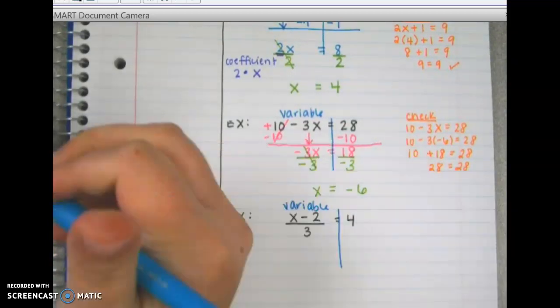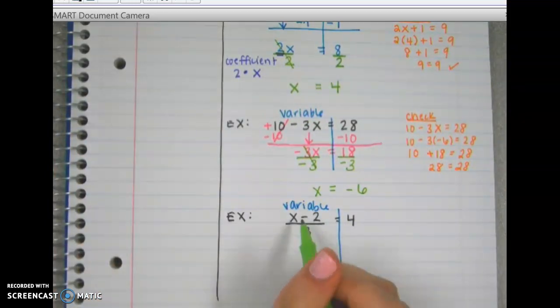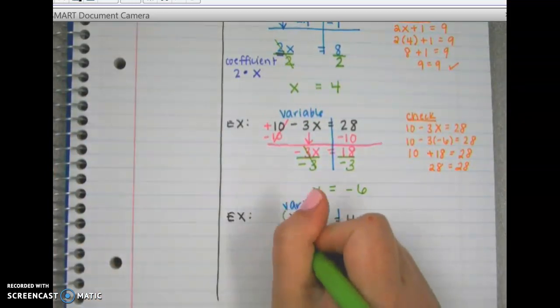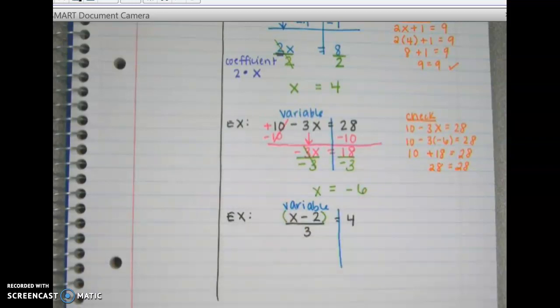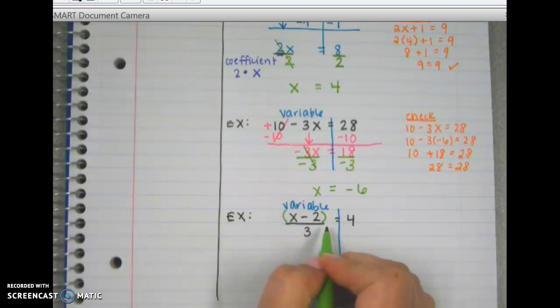But the tricky thing about big fractions like this is there's an imaginary set of parentheses around that x minus 2. We don't put the parentheses there because we draw the bar really big instead.